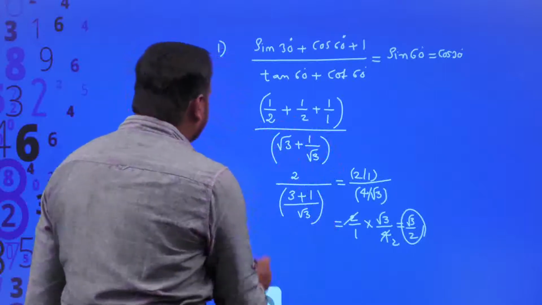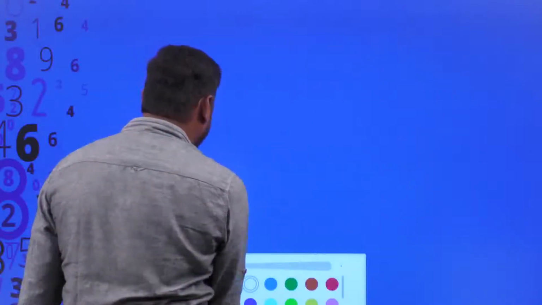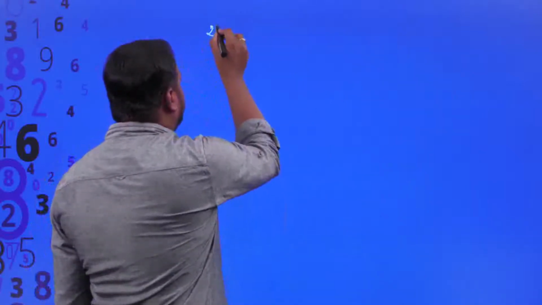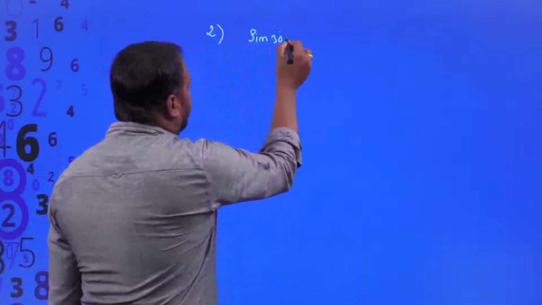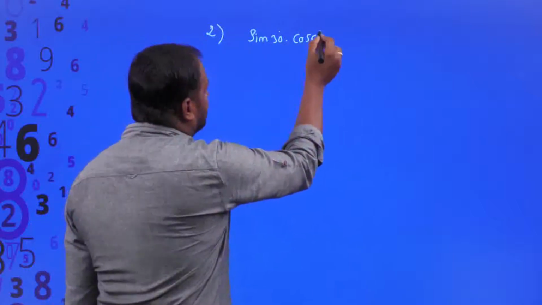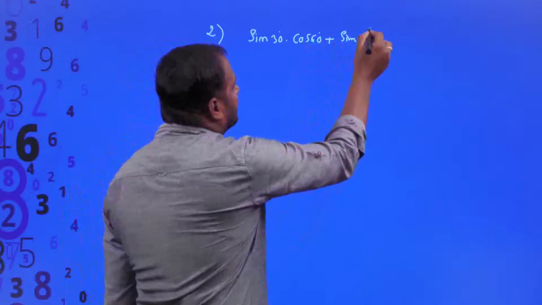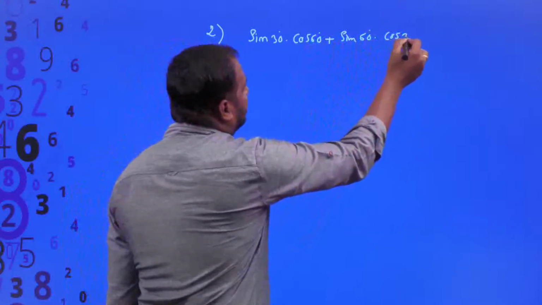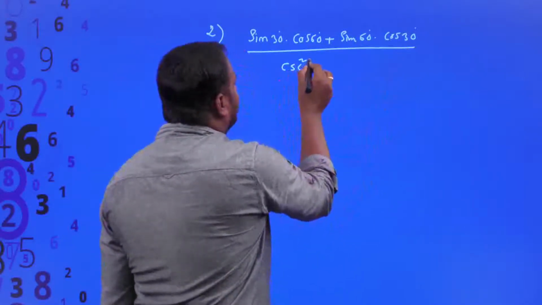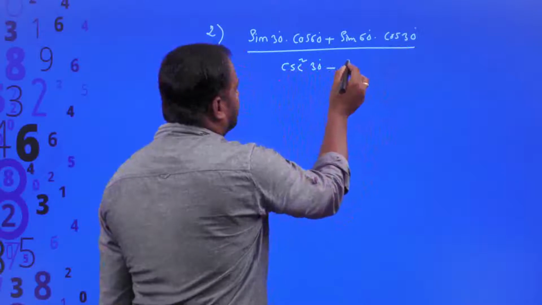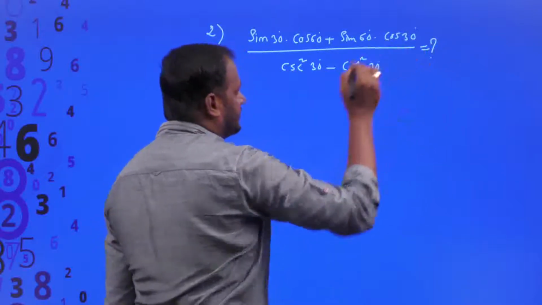Let us move on to the second example, that is sin 30 degrees into cos 60 degrees plus sin 60 degrees into cos 30 degrees, whole divided by cosecant square 30 degrees minus cot square 30 degrees is equal to how much?